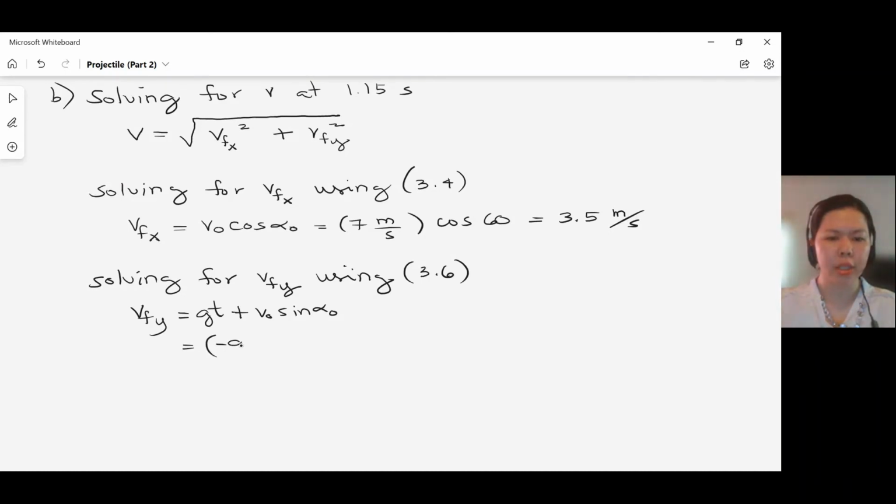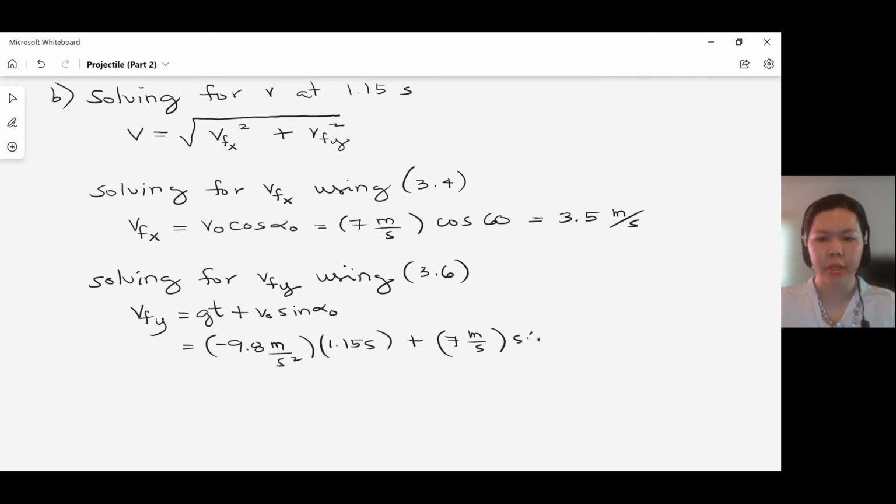G is negative 9.8 meters per second squared, at time 1.15 seconds, plus V naught 7 meters per second sine 60 degrees.